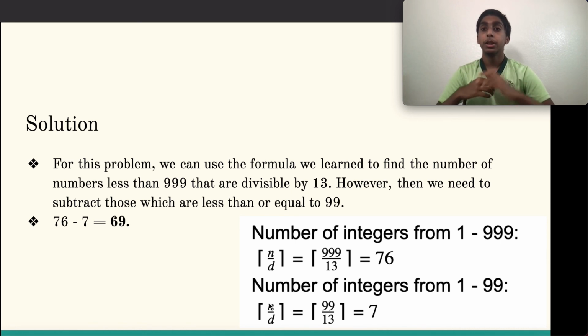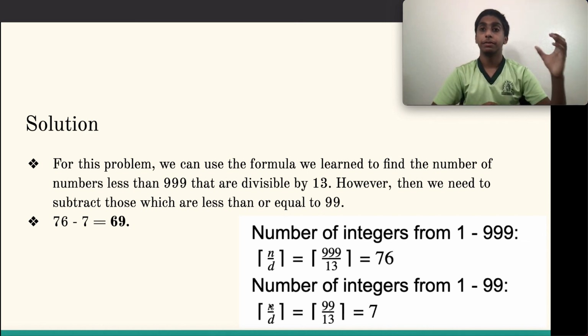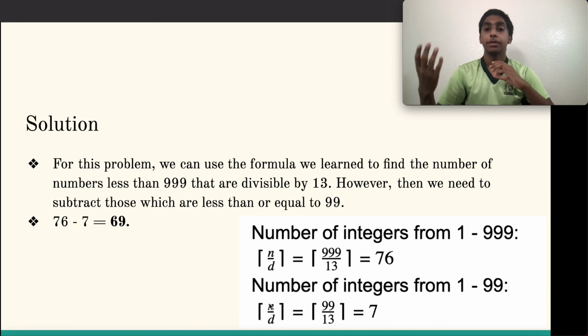So now we know how many numbers from 999 to 1 are divisible by 13, and we also know how many numbers from 99 to 1 are divisible by 13. When we subtract the numbers from 99 to 1 that are divisible, we get 76 minus 7, which is equal to 69.